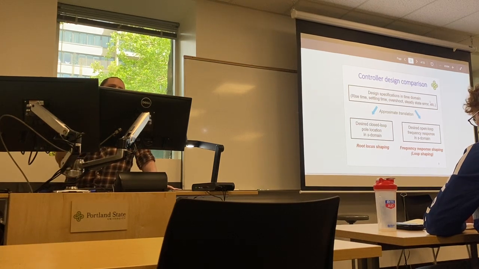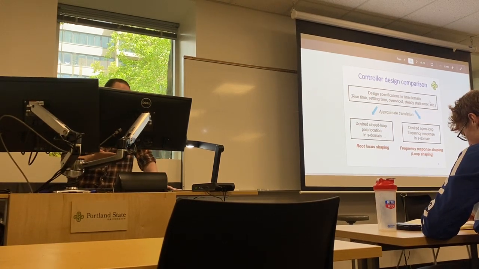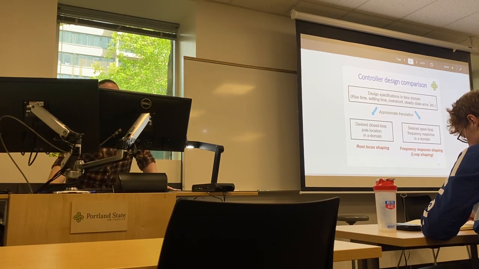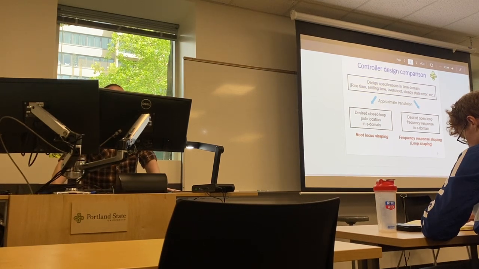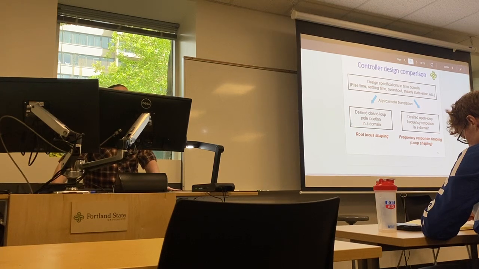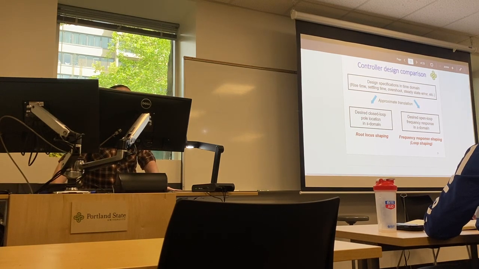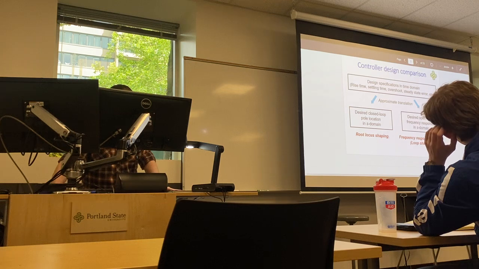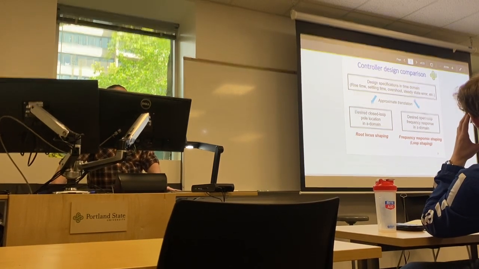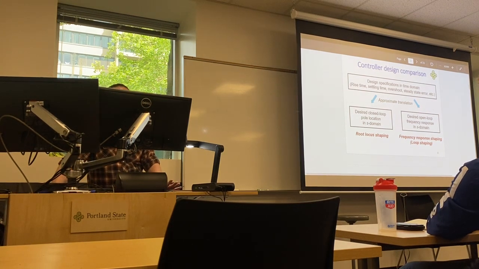Maybe not how to calculate what it will be, but at least recognize that steady state error is a shift from a disturbance in our steady state output, and we want that to maintain a certain output. So our approximate translation for desired closed loop pole locations in the S domain is our root locus shaping. And then our desired open loop frequency response is our loop shaping and frequency response shaping.